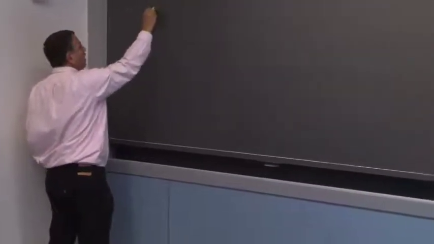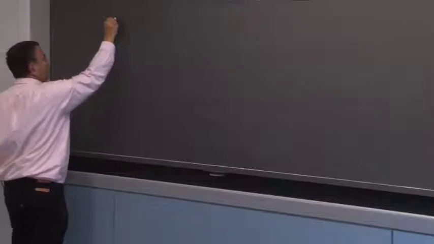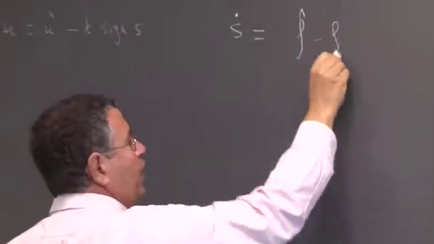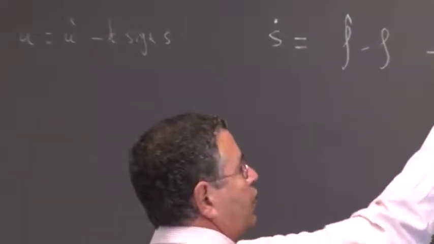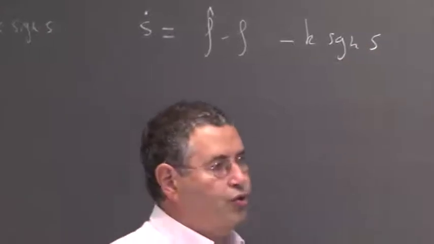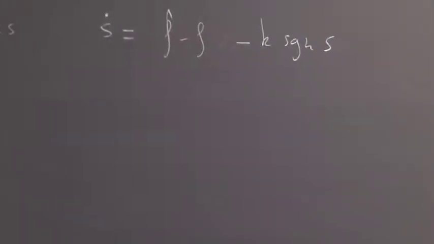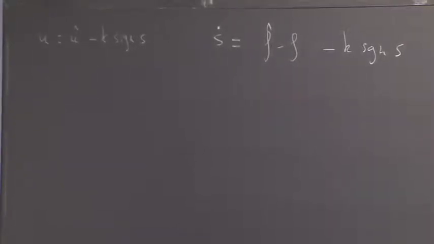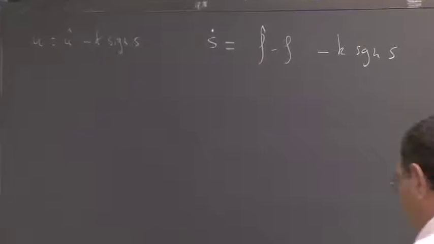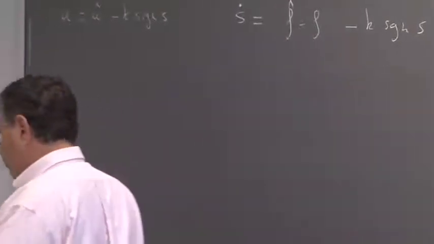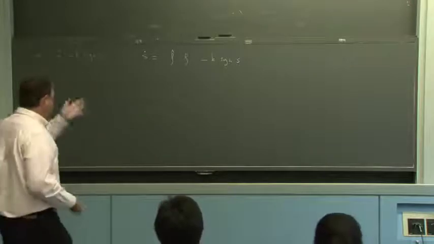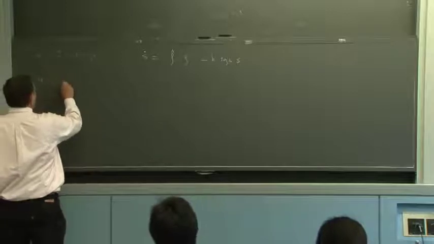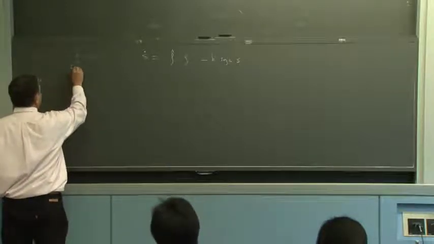With u equal u hat minus k sine of s, we had s dot equal f hat minus f minus k sine of s, assuming the control chattering and so on doesn't start interacting with all these presumably fast but unmodeled dynamics such as measurement delays, computation delays, actuator dynamics, and so on. So we had this. And k, remember, was capital F plus eta.